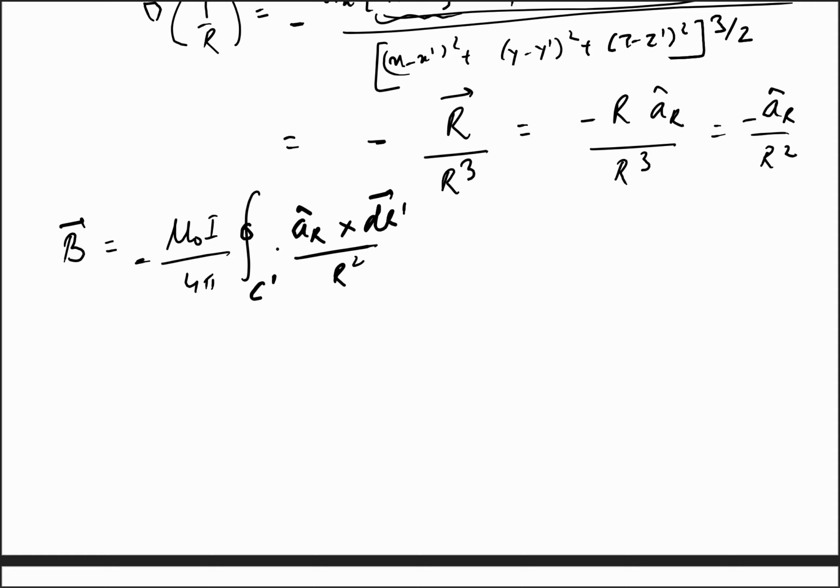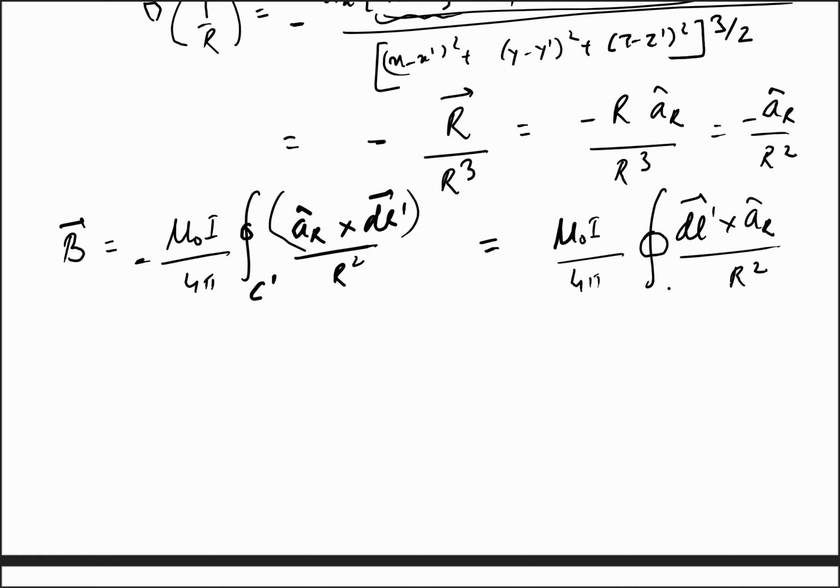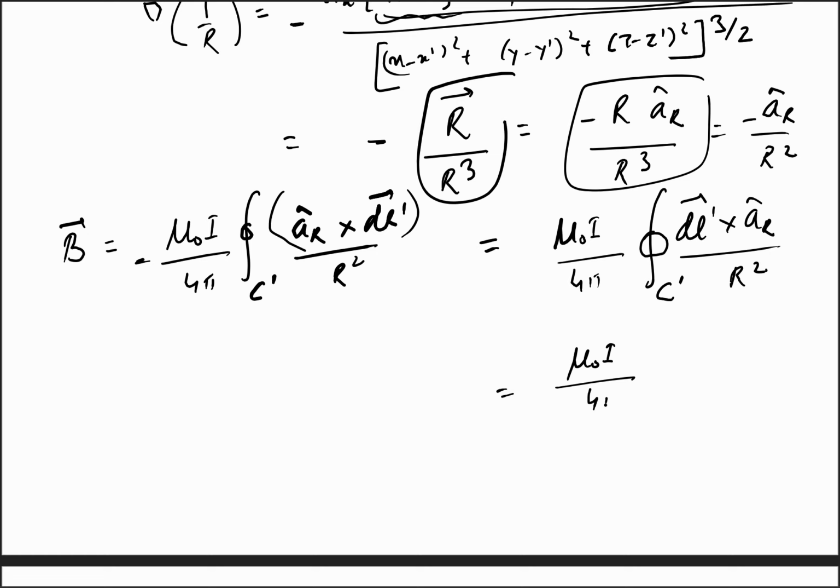Now I will take this minus sign inside and reverse this cross product. So I will have mu naught I over 4 pi dl dash cross ar over r square, and this integral is over the whole closed curve. Or I could easily write in this form, mu naught I over 4 pi over C dash, dl dash cross r by r cube.